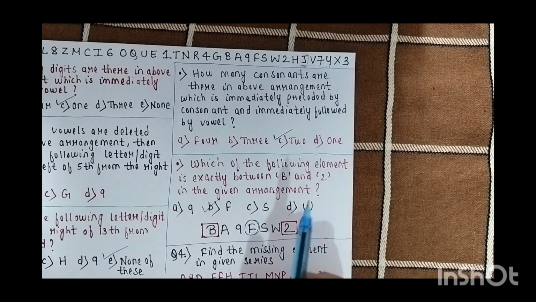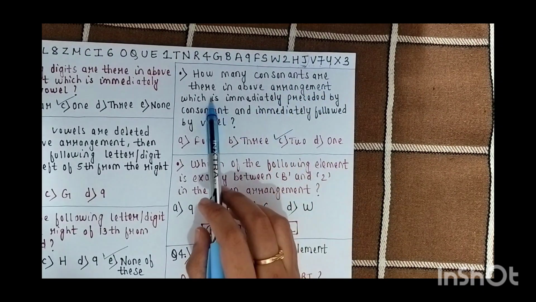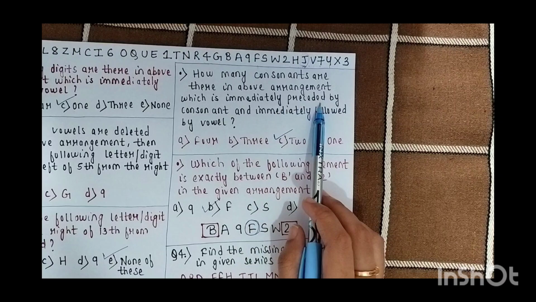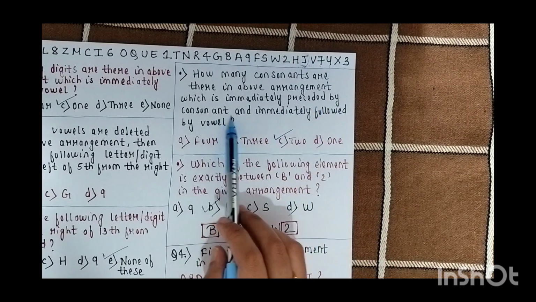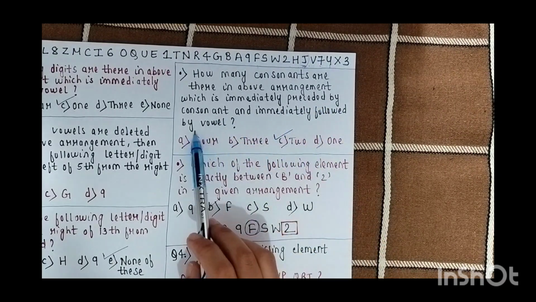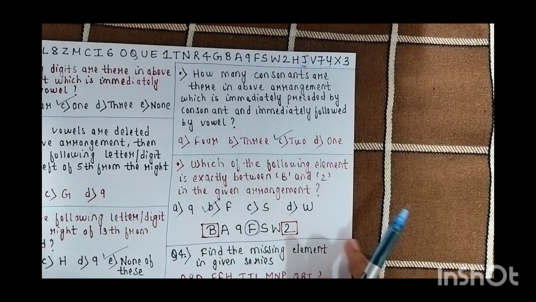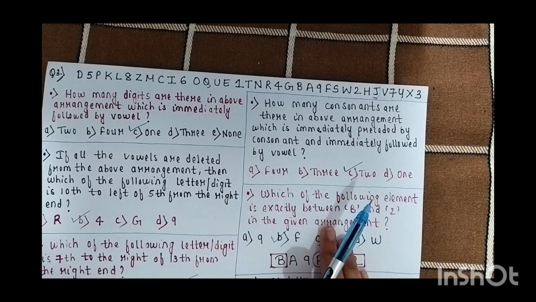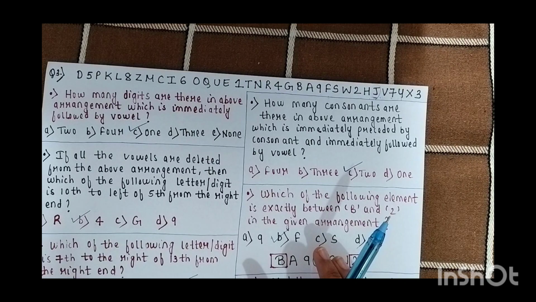Next, how many consonants are there in the above arrangement which is immediately preceded by consonant and immediately followed by vowel? So here we need to focus on consonants which is immediately preceded by consonant and immediately followed by vowel. So wherever we encounter digit, we need to delete them from our mind.